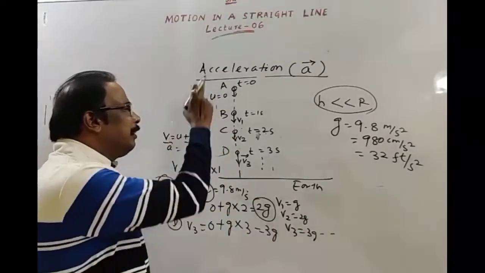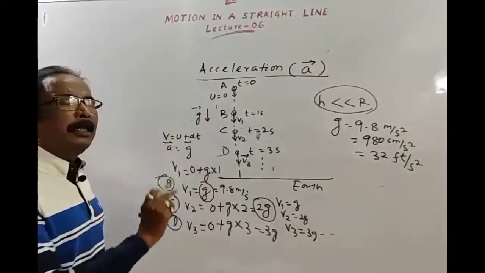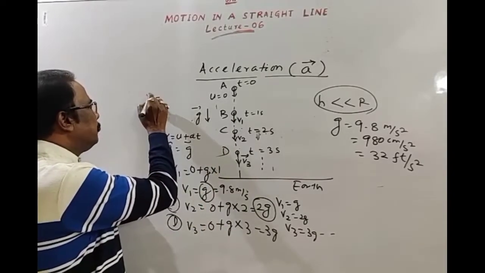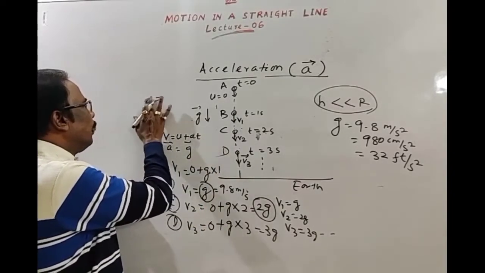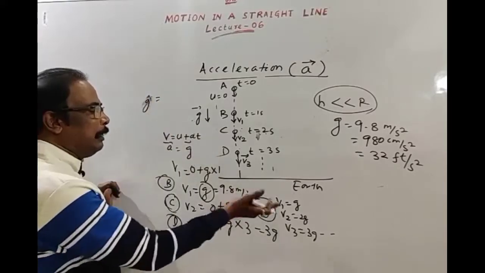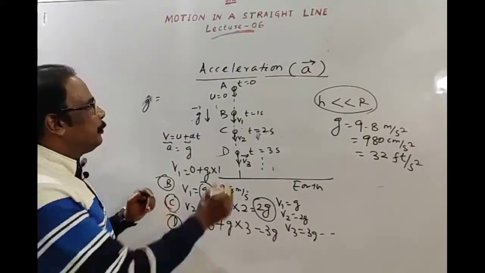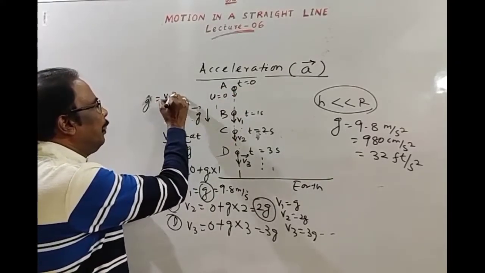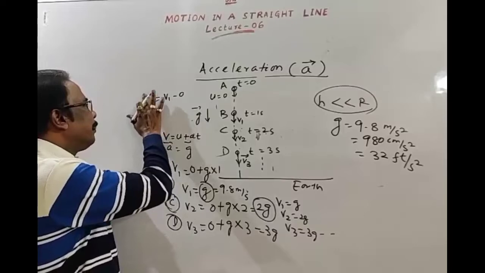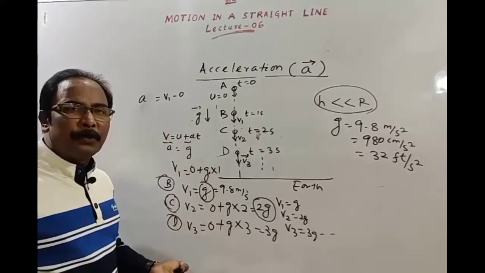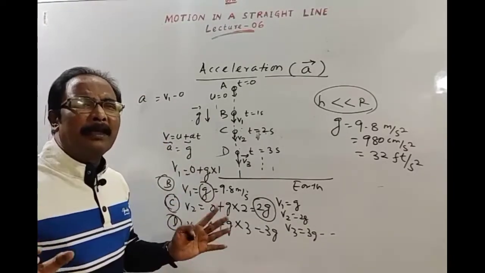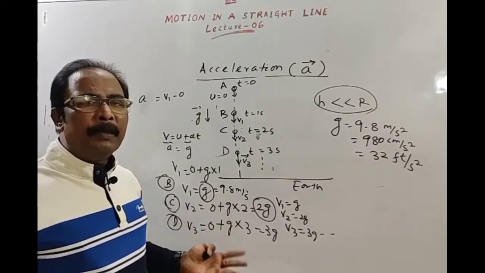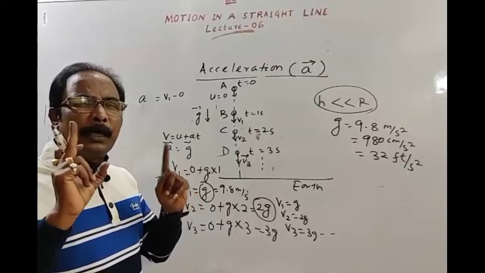So acceleration in this case is uniform or constant, the acceleration of the body. We may calculate g using all these. Acceleration is the rate of change of velocity, the ratio of change in velocity to change in time.